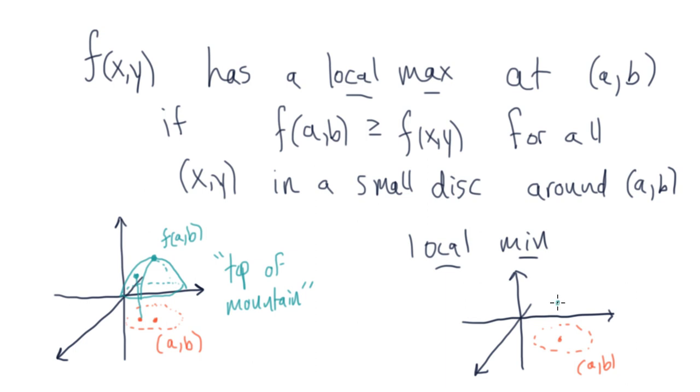But then if we look at f of (a, b) right here, then around this small disk, all of these function values are larger than f of (a, b). Okay, so it's very intuitive what we're talking about here for local extrema of functions of two variables. We have tops of mountain, and here we have the same kind of idea, except we're looking at bottom of valley.